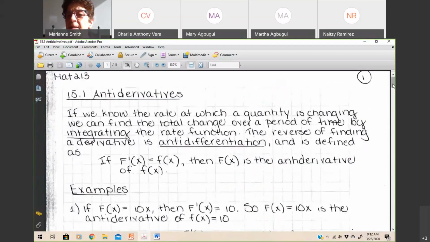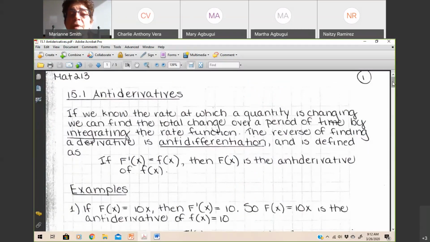And again, what I'm talking about in anti-differentiation is, suppose we have a marginal function, like a marginal cost or a marginal profit function. We know the rate at which a quantity is changing, and suppose we want to build from that marginal function a total function, like a total cost function or a total profit function.